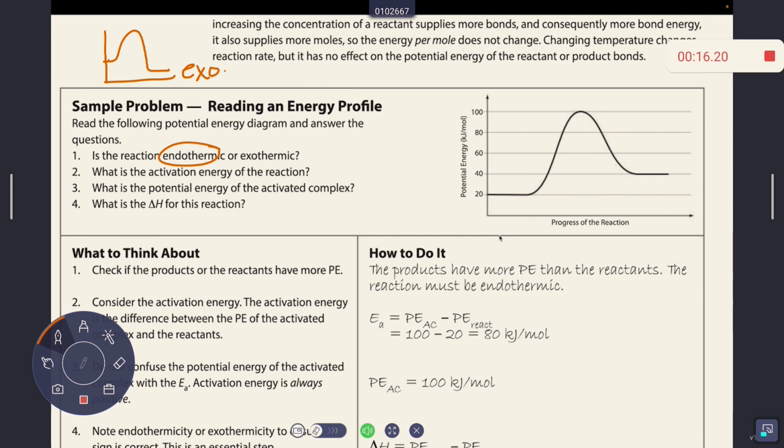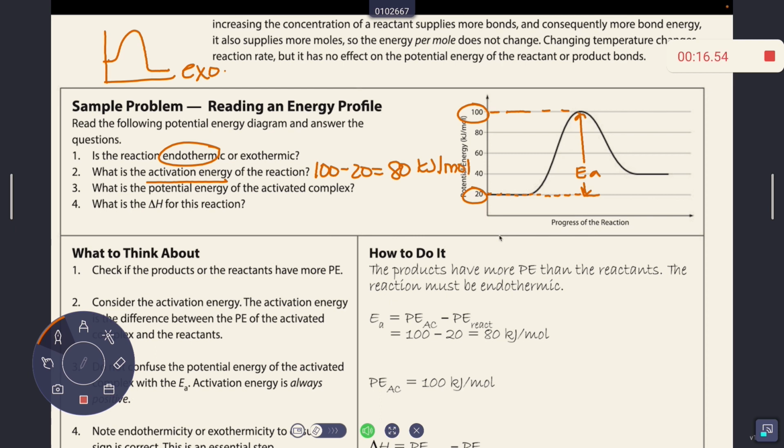Now, what is the activation energy for my reaction? How would I calculate it? Yeah, the peak minus wherever the reactants are, the 20. So if my reactants are here, and this is the peak, this would be my activation energy. So this is going to be 100 minus 20, so this is 80, and your units are on the y-axis: kilojoules per mole.